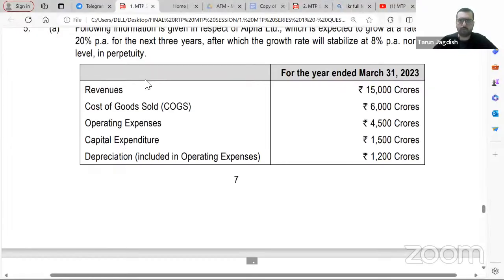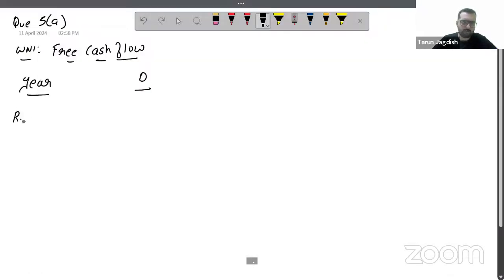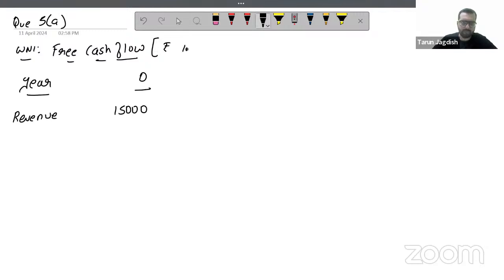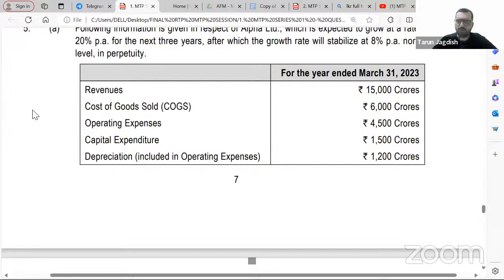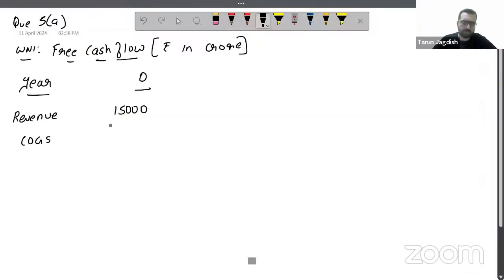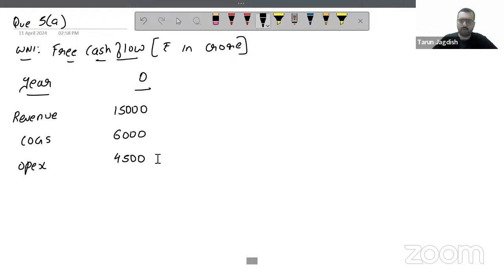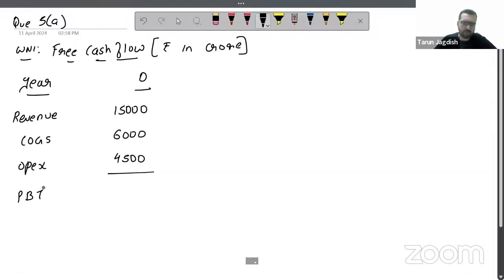Year 0. Okay. What is the revenue that you have over here in the year 0? Is it 15,000 crore? 15,000 crore. Cost of goods sold is how much? 6,000 crore. OPEX is 4,500. So once you reduce all these things, you will get your profit before tax.